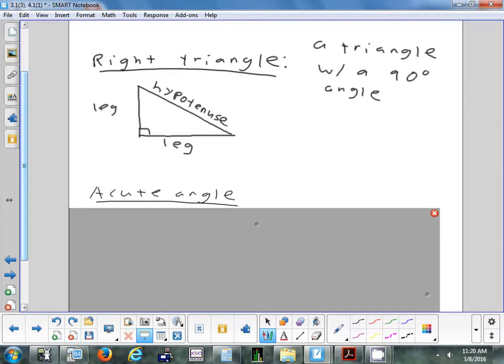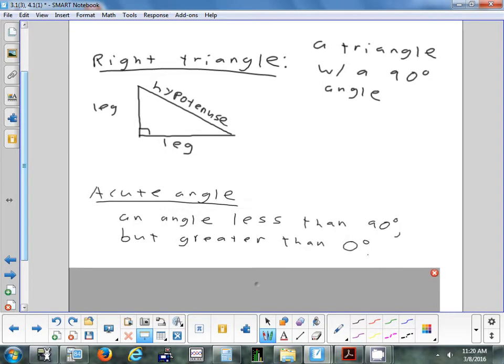Negative 10 is not an acute angle. But negative 10 is less than 90. So what else do you think we have to say? Larger than 0. Yeah, it has to be larger than 0. Of course, if we're solving problems about angles in a triangle, you'd never have a negative angle anyway. But that's the definition of an acute angle. Less than 90, more than 0.